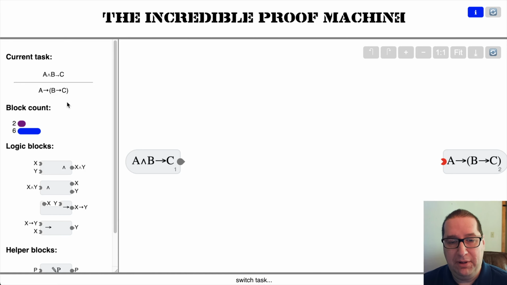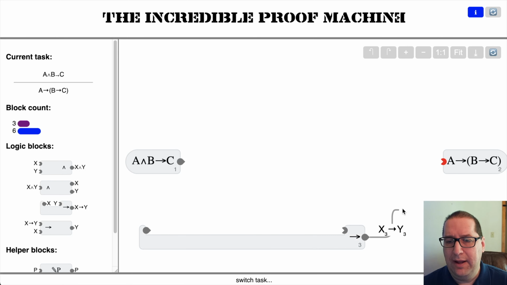Given A and B imply C, prove that A implies B implies C. So, once again, we're clearly going to need to introduce some implications. And that's the theme of this level, really. And I think we're going to have to introduce several.